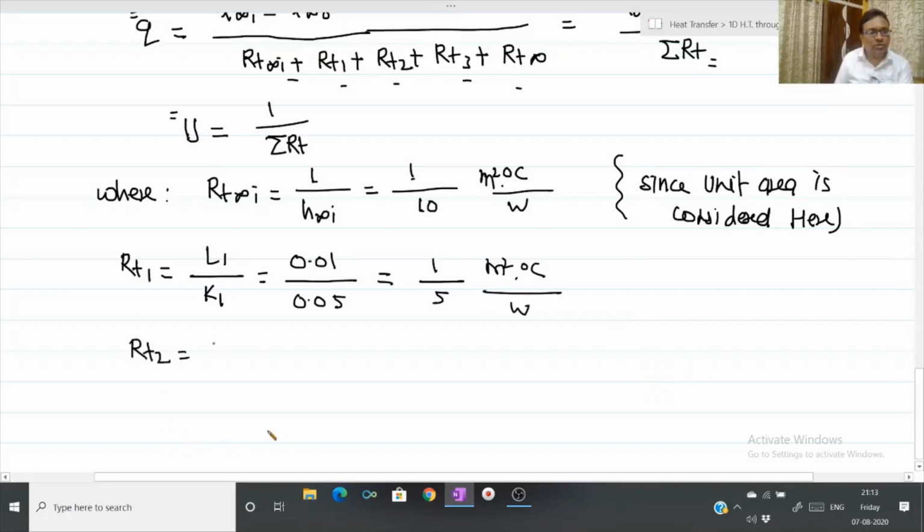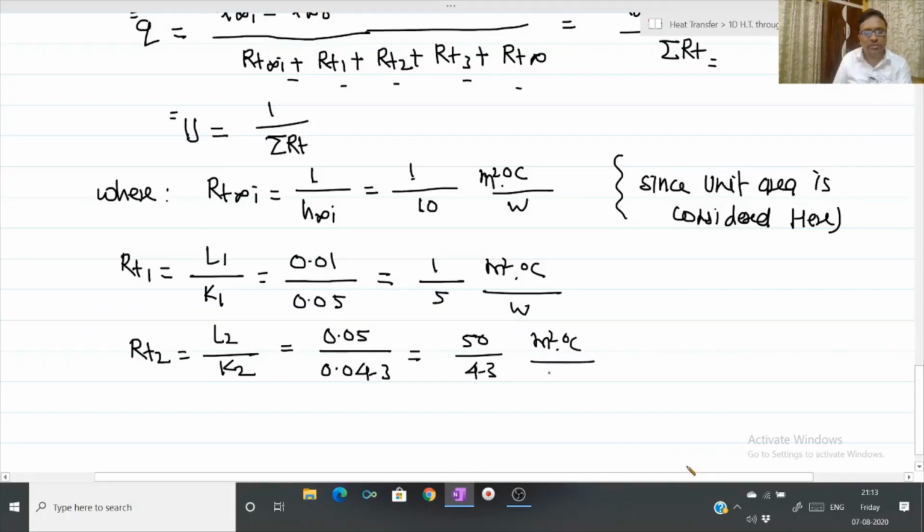RT2 will be L2 over K2. The value of L2 is 0.05 and K2 is 0.043. This will give me 50 over 43 meter square degree Celsius per watt.